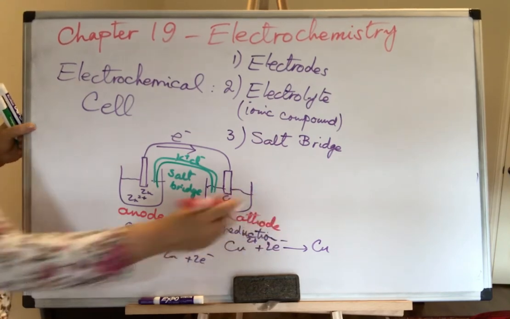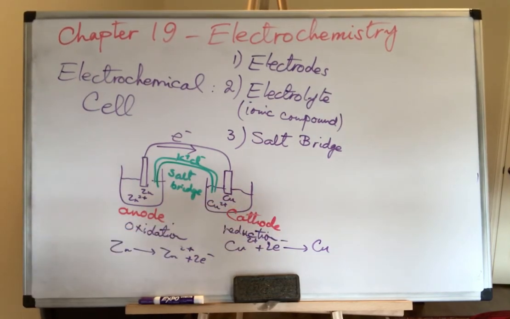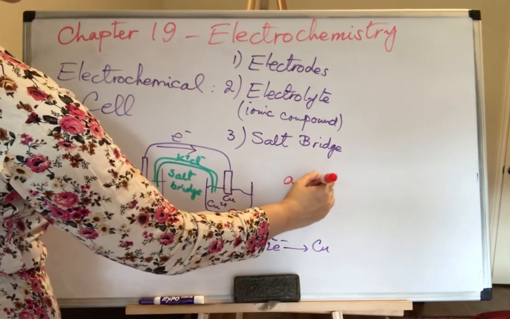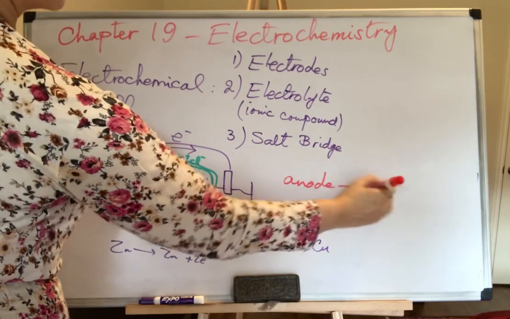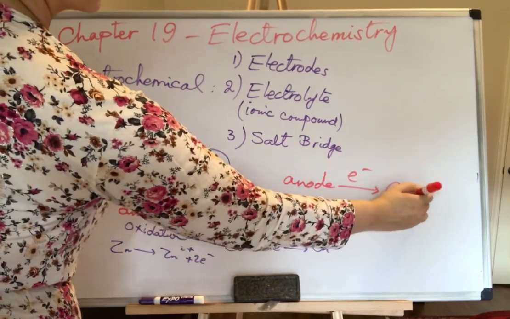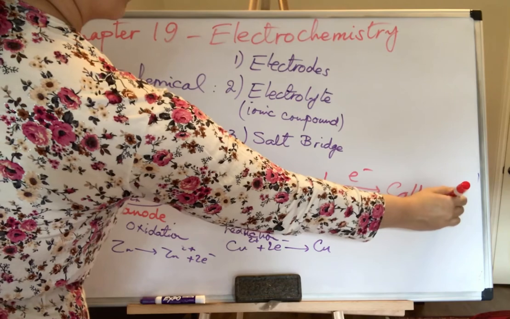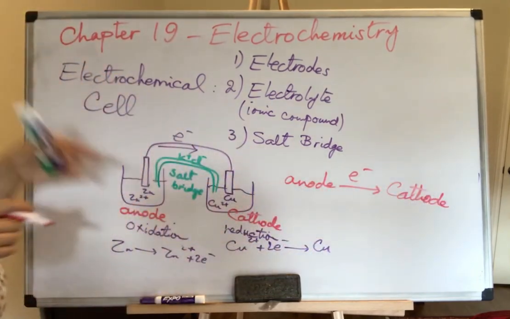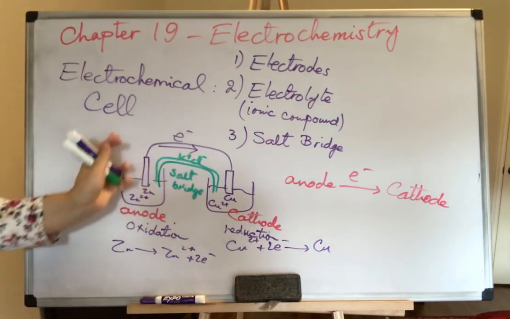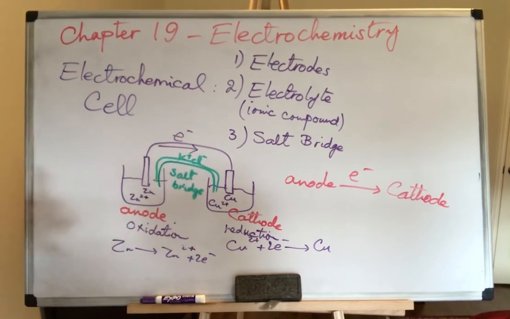It's called cathode. So electrons flow from anode to cathode, because in anode oxidation happens, so electrons flow from anode to cathode, not through the solutions, through the external circuit.